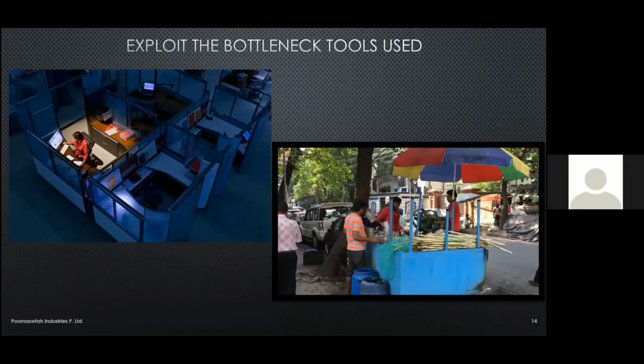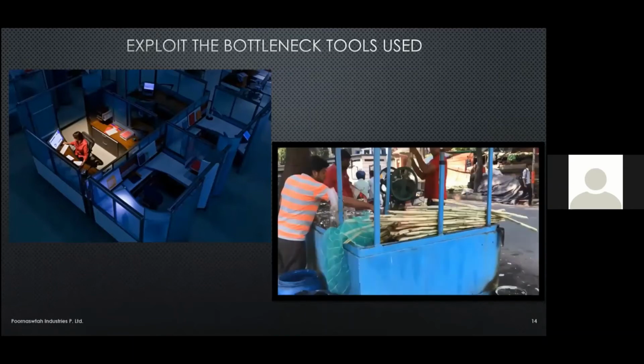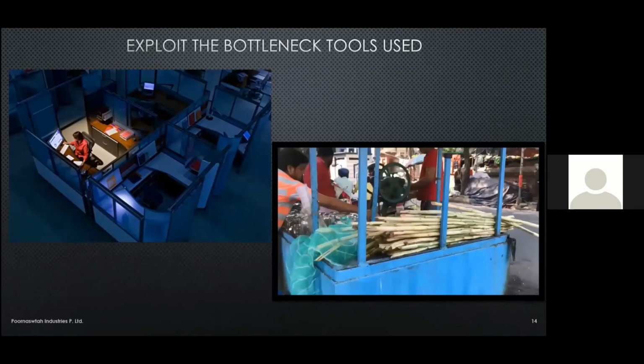Have a look at what happens at an exploitation station. This is a small video I am playing for some 50 odd seconds. Let's look at what is happening here. See, the machine is not stopping.